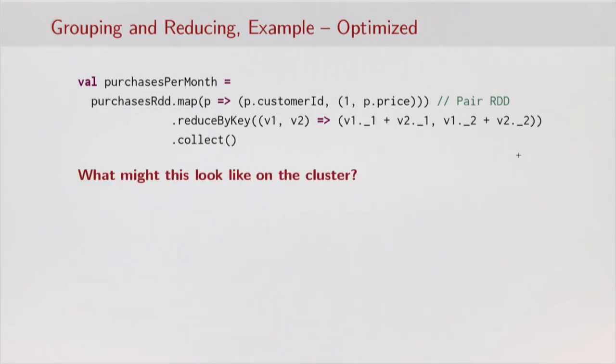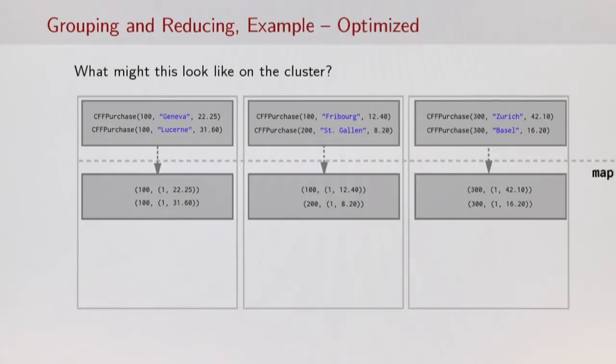So what might that look like on the cluster we just visualized? Going back to our visualization, note that I updated the result of the map. So we now have what we've been working with here with this extra integer there. What happens with this data on the cluster for this code example now?